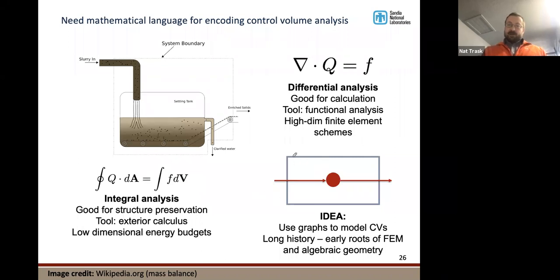And so the idea that we're going to pursue here is to use a graph to represent this integral analysis. A control volume can be identified with a node, and the fluxes around the boundary of the control volume can be identified with edges and so on. And this has ties to the early roots of finite elements and algebraic geometry.